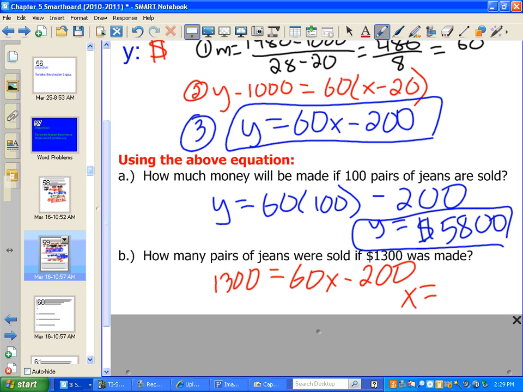Okay, Gigi, hold it up. Okay, off a little bit. Luke, yeah, 25. So X is 25 pairs of jeans. When you add 200 to both sides, you have 1,500 equals 60X. So 1,500 divided by 60 is 25.